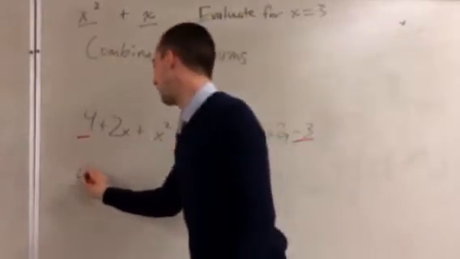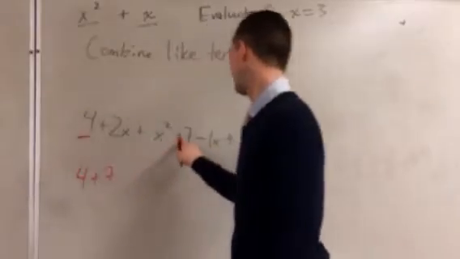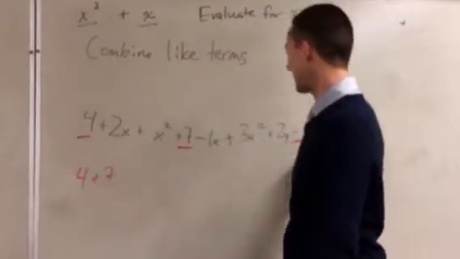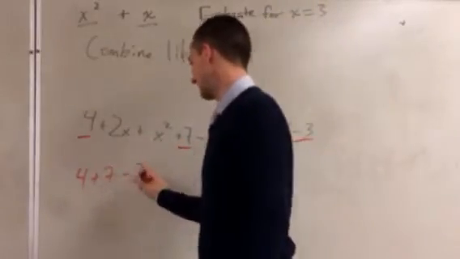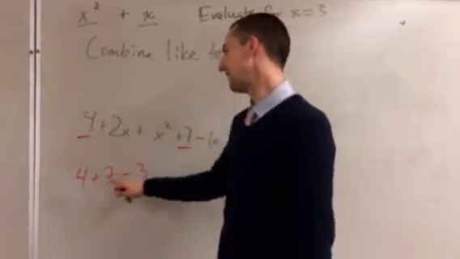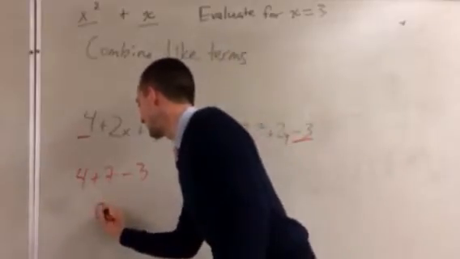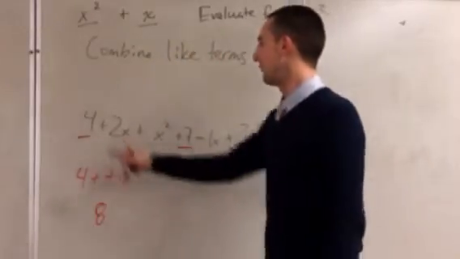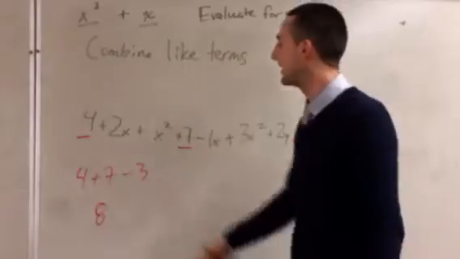So now we have 4 plus 7, bring the plus, minus 3, bring the minus. Then 4 plus 7 is 11. 11 minus 3 is 8. So the red part, the 4 plus 7 minus 3 is done. It's 8.